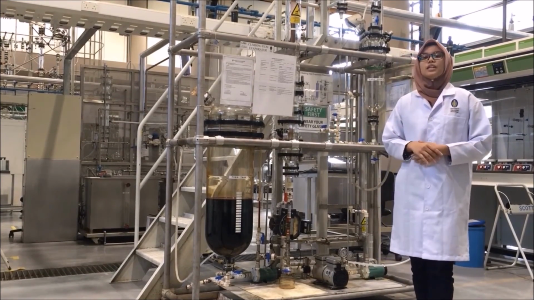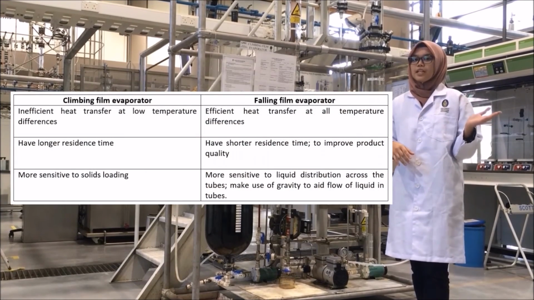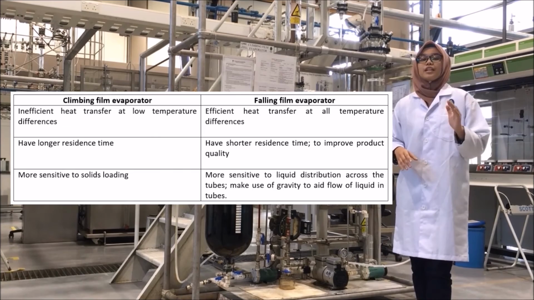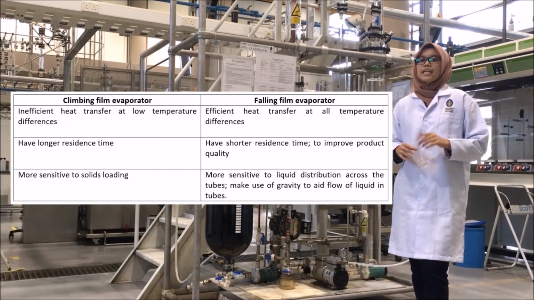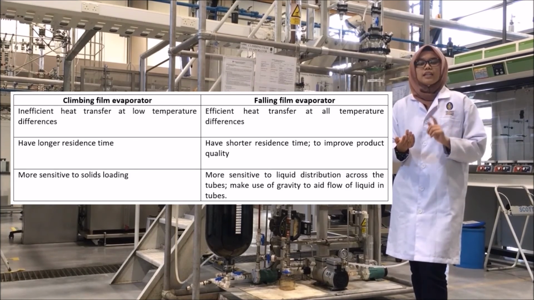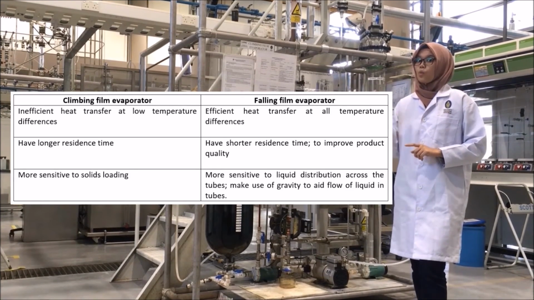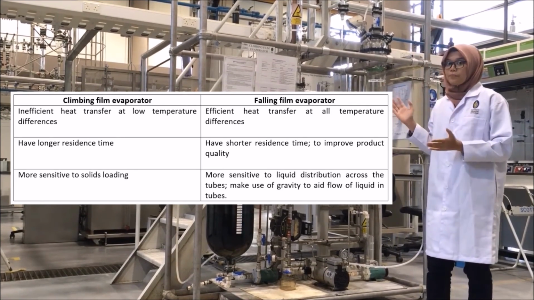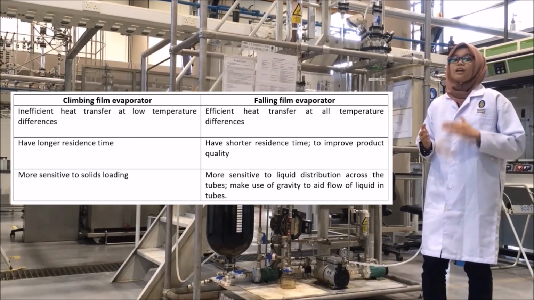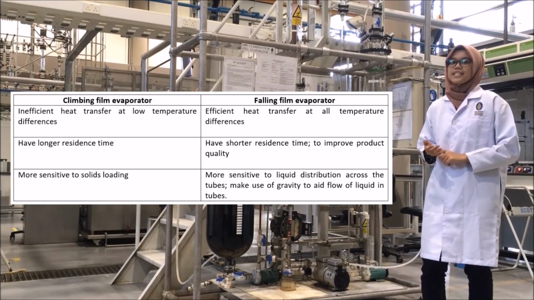Here are a few comparisons between the climbing film evaporator and the falling film evaporator. The climbing film evaporator has inefficient heat transfer at low temperature differences, while the falling film evaporator has efficient heat transfer at all temperature differences.